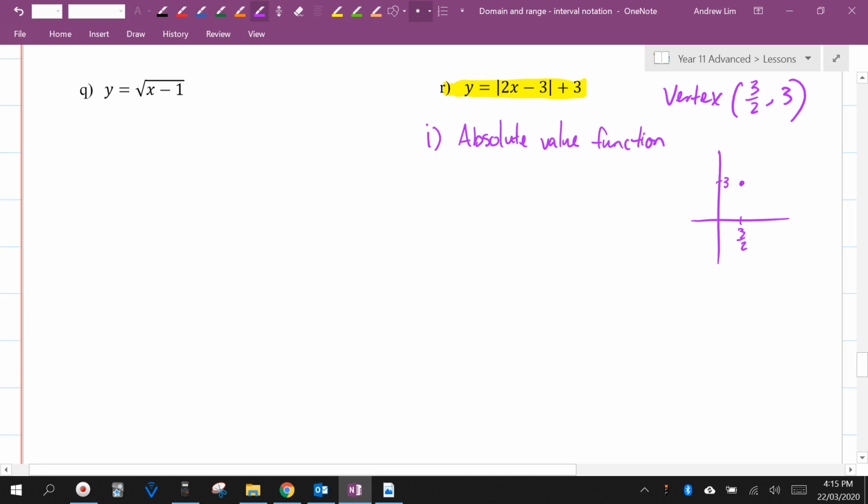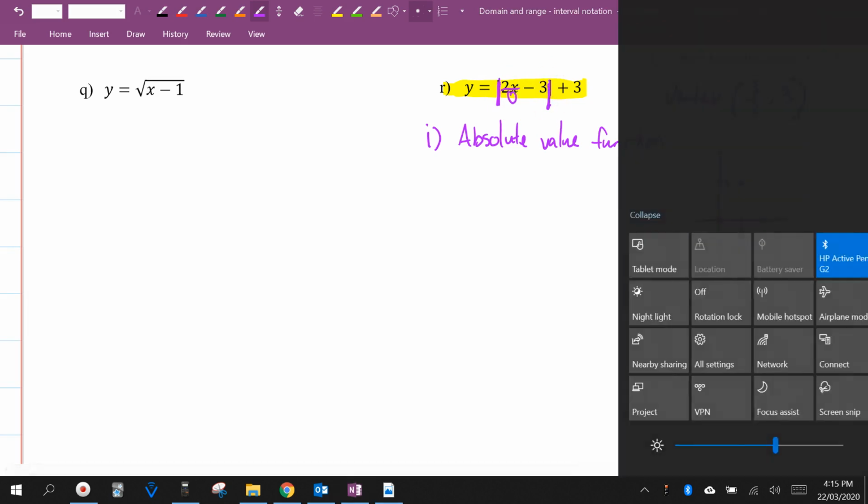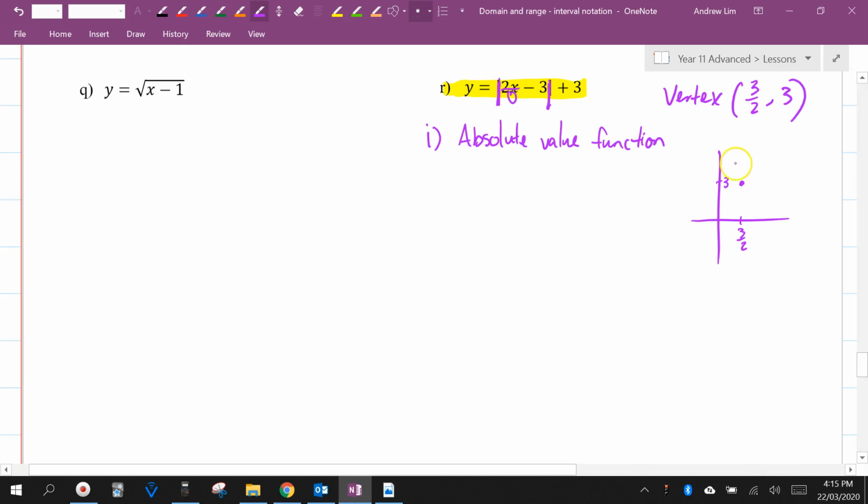To find the y-intercept, we just let x equal 0. So 0 minus 3 is minus 3, and the absolute value of minus 3 is 3. We've got 3 plus 3, which is 6. So we know it's going to look something like this.